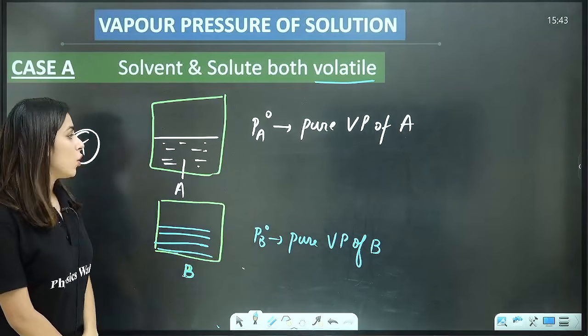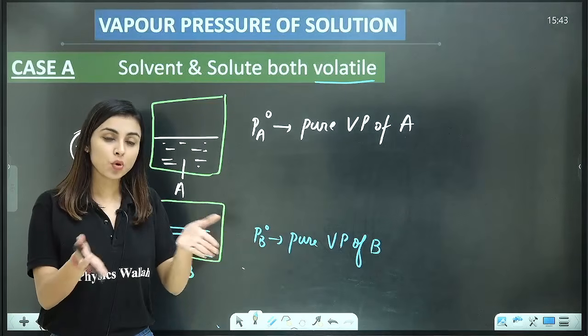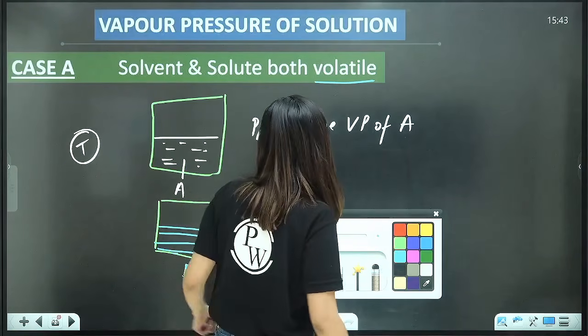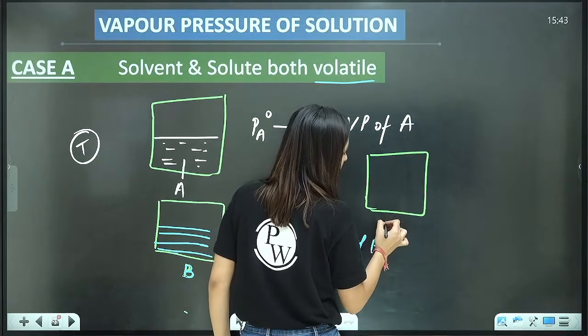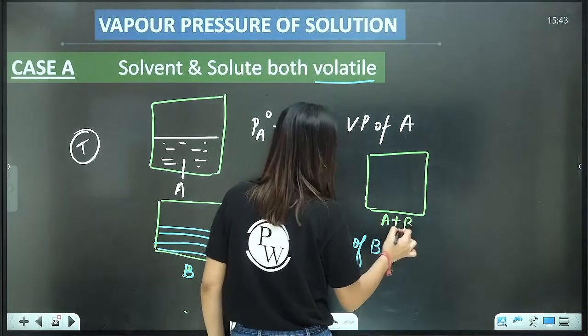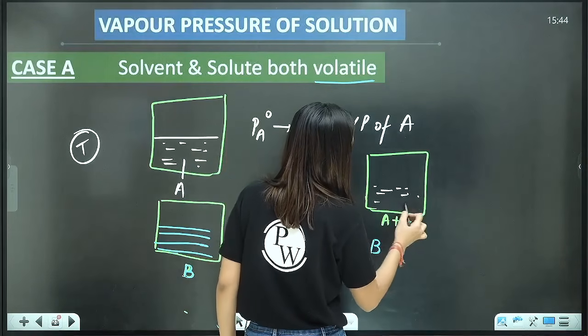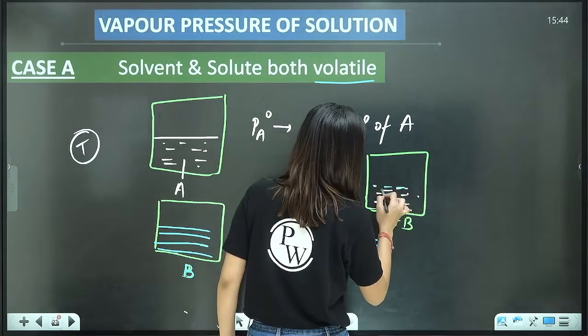Now, what am I saying? That let us add both A and B in one container. So now you have A plus B. A was white color, and B was blue color. So I'm representing them as different.